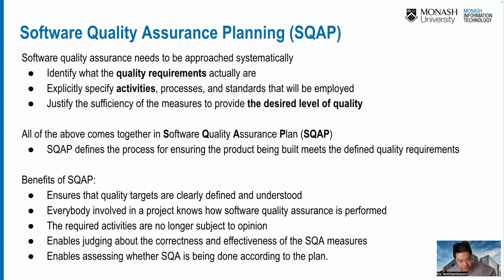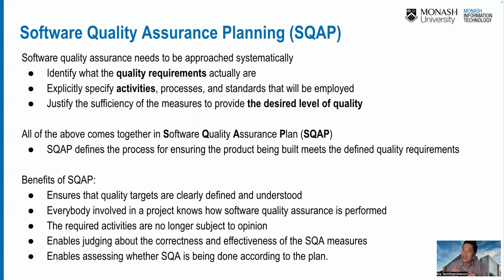All right. Okay. As part of the SQA planning, right? What exactly is it? Okay, it is a systematic approach to identify what the quality requirements are, what the activities, processes, or standards are that will be employed in the project. And what we mean is that we just need to justify the sufficiency of the measures to provide the desired level of quality.